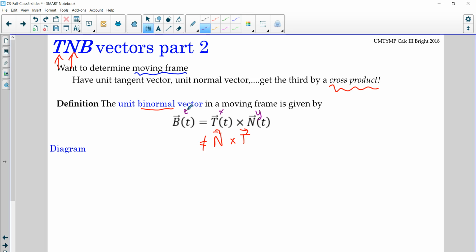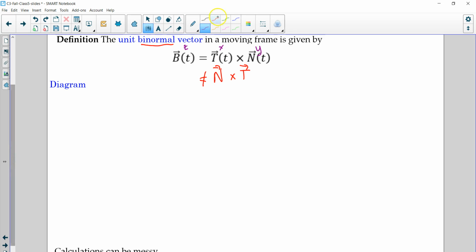Okay, so if we were to draw the diagram, remember we're looking at that path. We have something like this, and now here's our point x on the curve. Let me undo that, try that again.